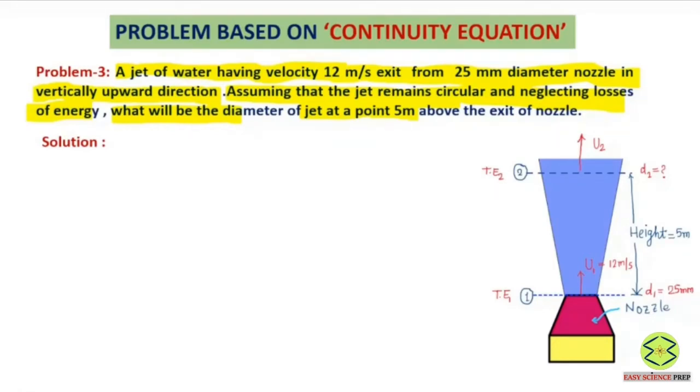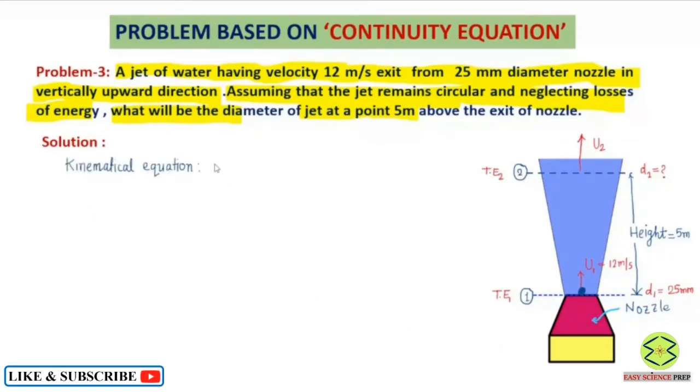So we can use the kinematical equation in the upward direction and we can find out the velocity at section 2, that is u2. So let me use the kinematical equation for a fluid particle moving in the upward direction. This is a fluid particle, let me assume, and it is moving in the upward direction.